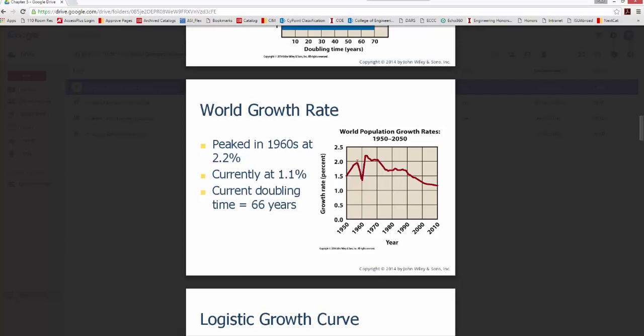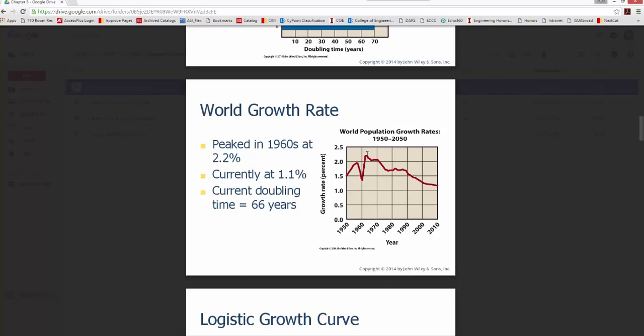It went from 1.5 to 2% from 1950 to 1958. Then you have a 0.5% drop as we head to 1960, and then again an increase in growth rate in the early 1960s. So you see the peak here: the growth rate was about 2.2, 2.3%.